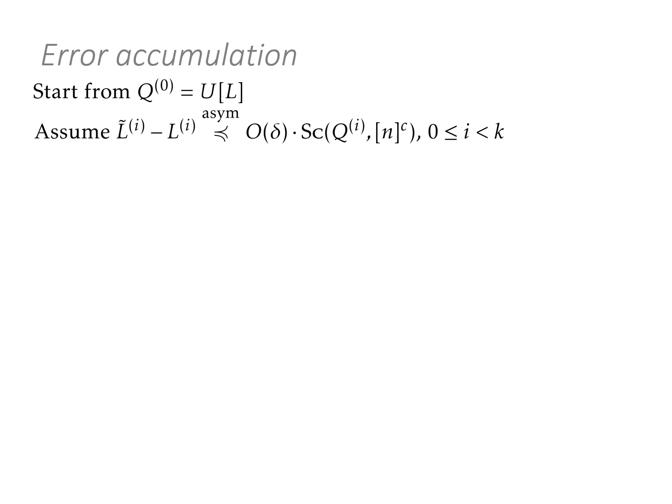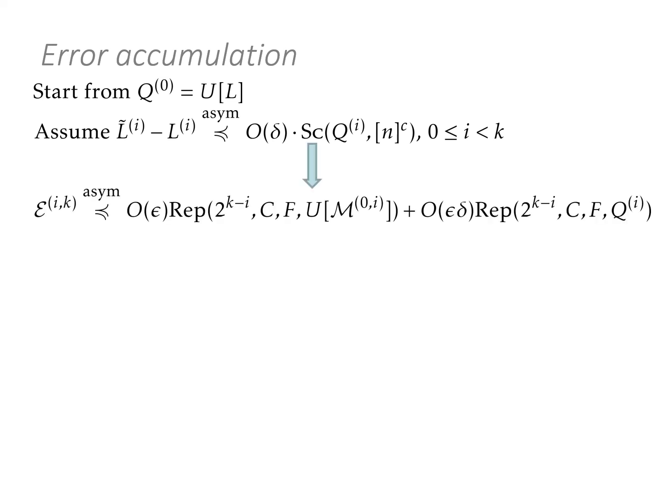We will also define a sequence of augmented matrices Qi to bound the difference between Li and its approximation. Recall that we attach augmented error matrices to M0i to define its perturbed version. By the induction hypothesis, these augmented error matrices can be asymmetrically bounded by repetition matrices of M0i and Qi.